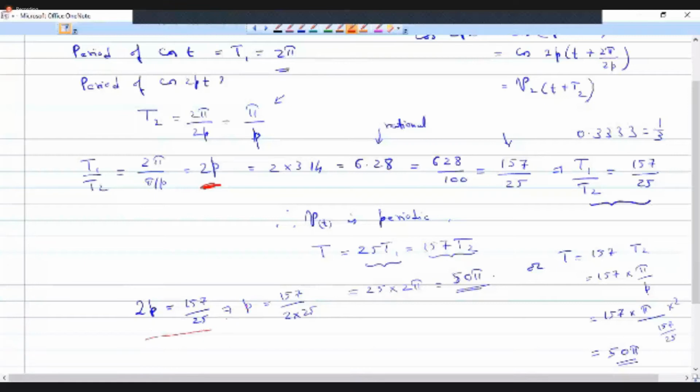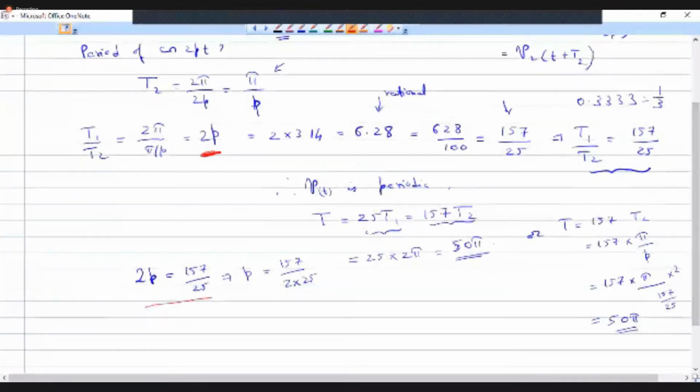Okay. Now we have written t is equal to 157 into t2. Okay. So what is our t2? 157 into pi by p. That is what we have written here. What is t2? T2 is equal to pi by p. So you substitute this value here.